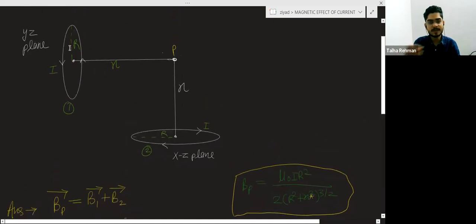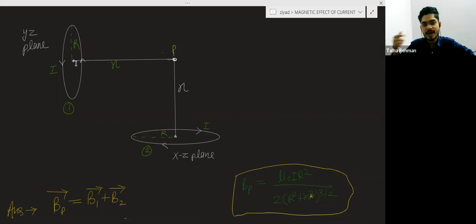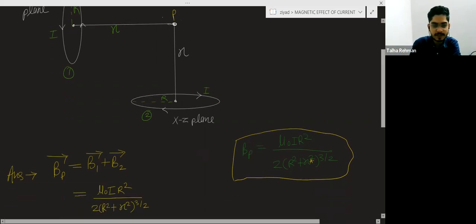Since the coil is in the YZ plane, the direction of magnetic field will be along the x-axis. Negative or positive, we will decide by the modified right hand rule. Apply the modified right hand rule, and this direction you will get is the positive x direction. So you will multiply this with i cap.